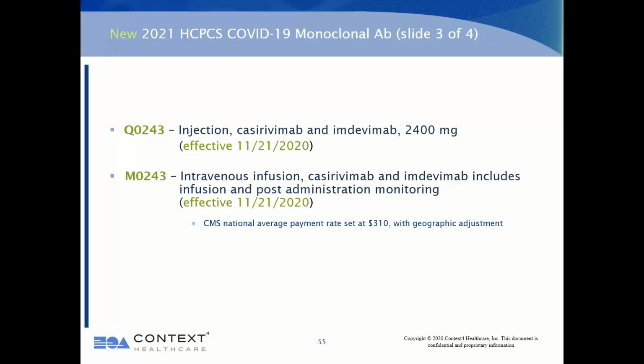Similarly, all patients that qualify for it will get the same dosage regardless of age, size, comorbidities, etc. So we should not see multiple doses of this code reported on a given date of service.